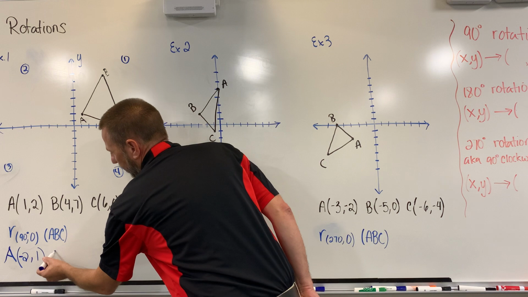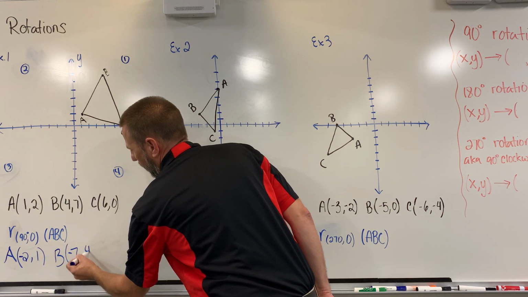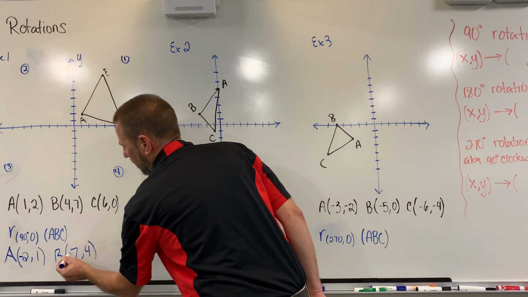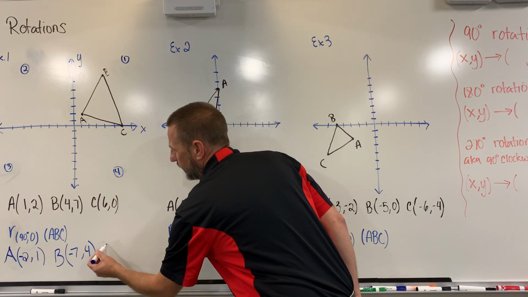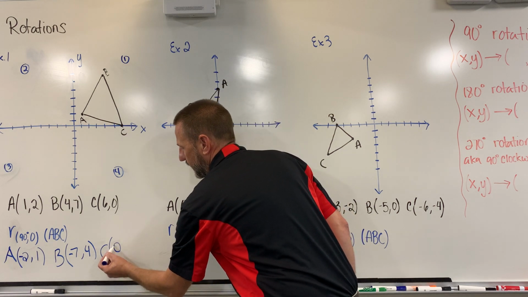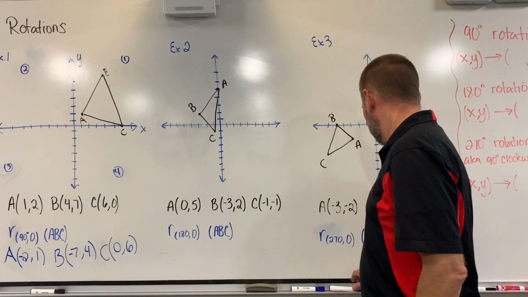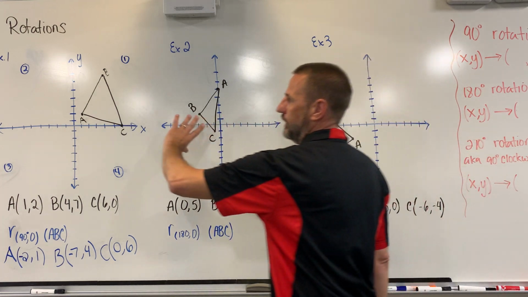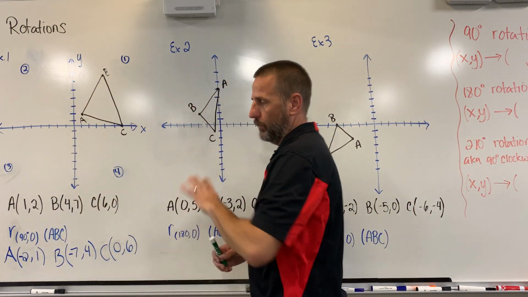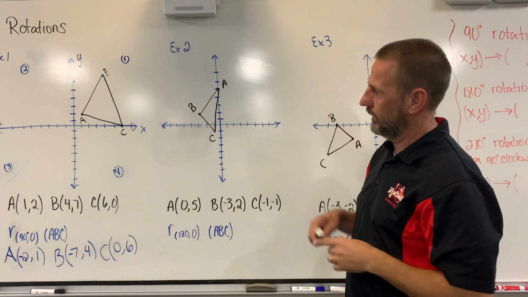For B, I'm going to have negative 7, comma 4. Again, I switch the numbers and put a negative out front. On the last one, because that's a 0, there's no negative 0, so I'm just going to write 0 and 6. Now when I draw this out, watch how the entire figure shifts around, rotating as if I pulled it around on the origin.